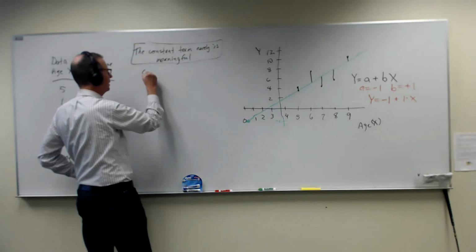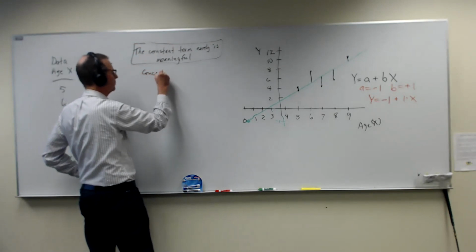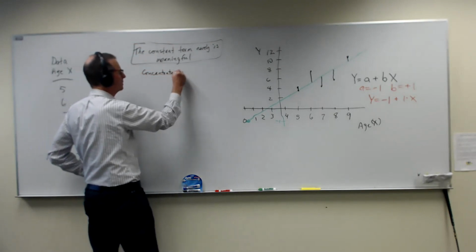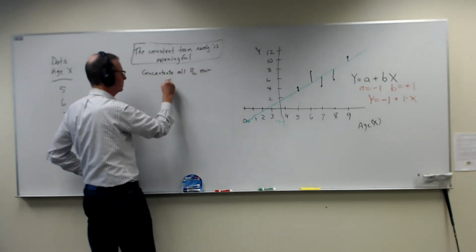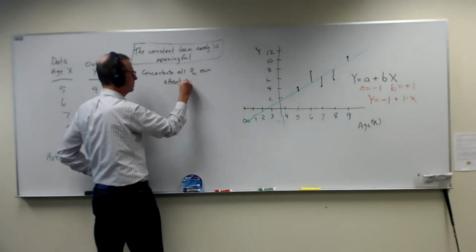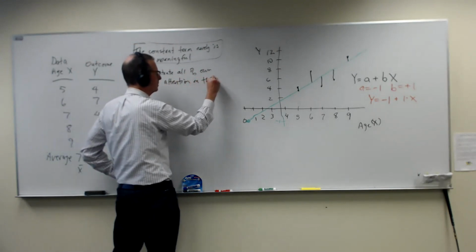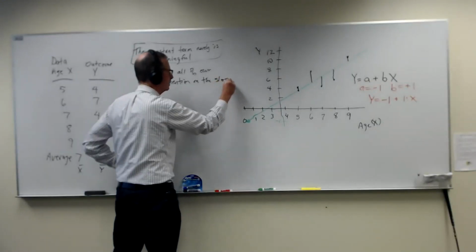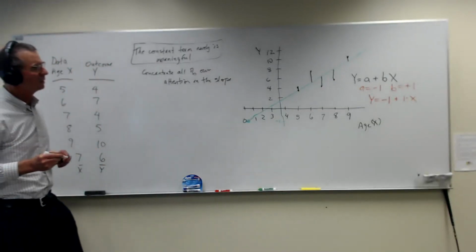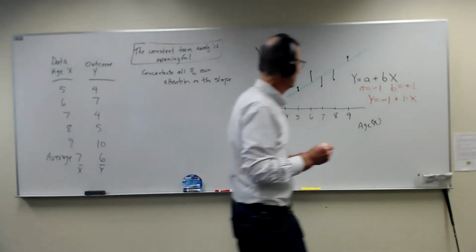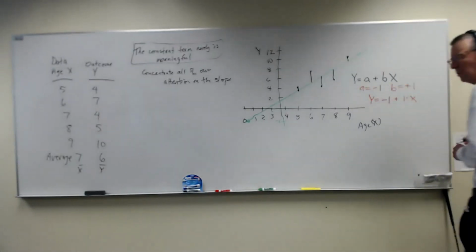So we're going to concentrate all of our attention on the slope. So B is +1. That's our estimate of the slope.